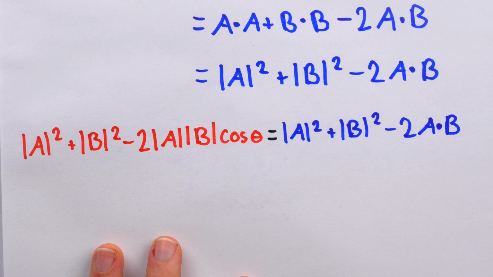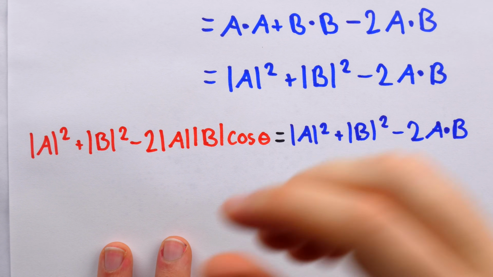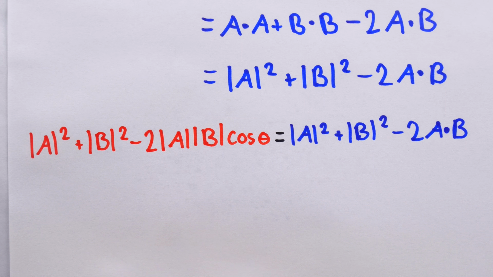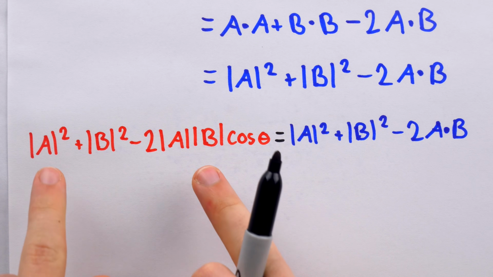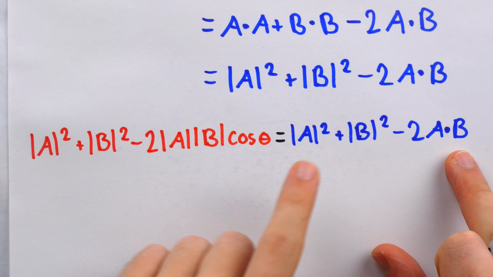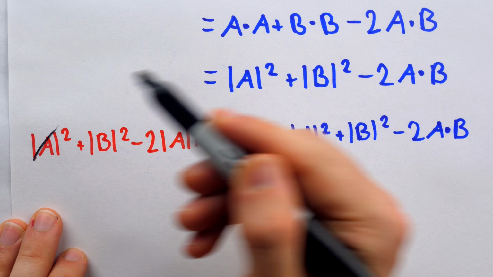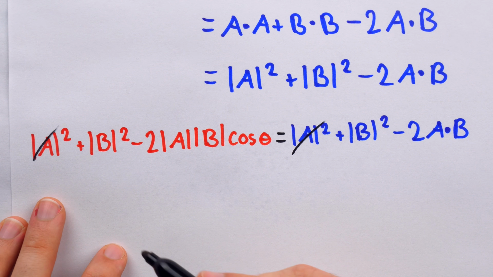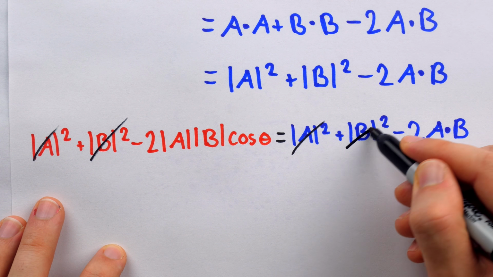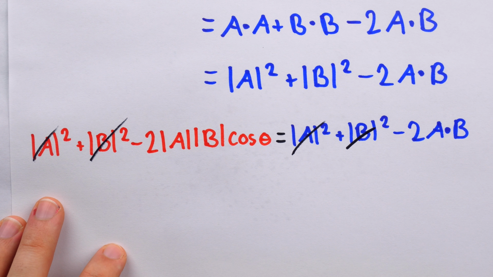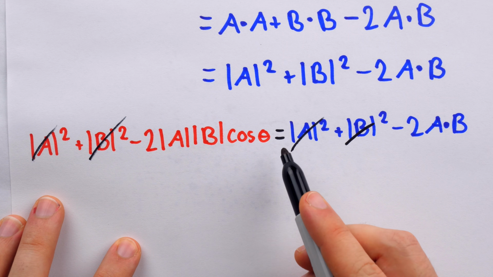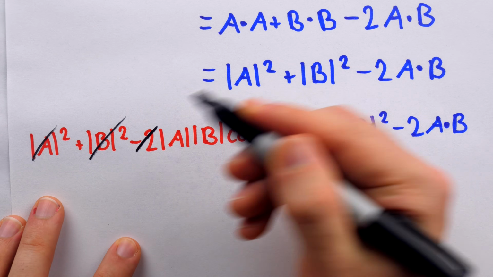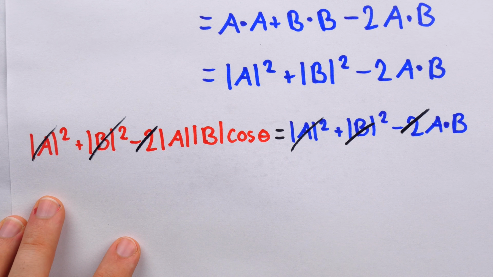So that gives us this equation, which I have to zoom way out to see, and there's a lot of good cancellation here. This is from the law of cosines, this is from all the work we just did. We see the magnitudes of a squared cancel out, the magnitudes of b squared cancel out, and then we're left with this equals this. We can divide both sides by -2, and proof done.